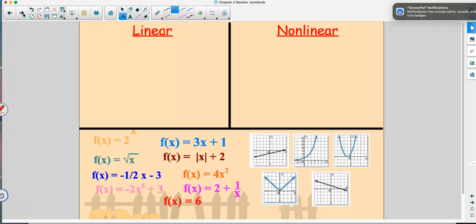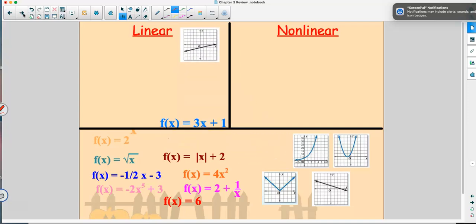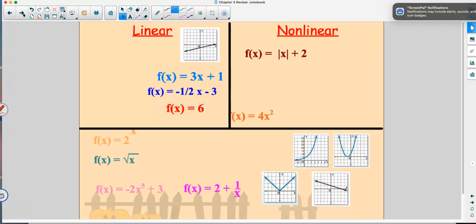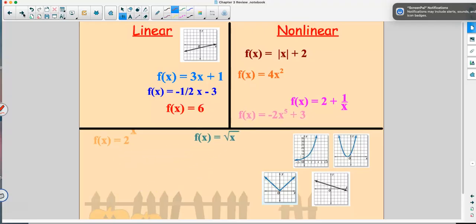The last two screens: is this linear or not? Okay, so linear, remember, straight lines are linear, equations are linear, with no powers, or just numbers, absolute value, any powers, denominator, square roots.